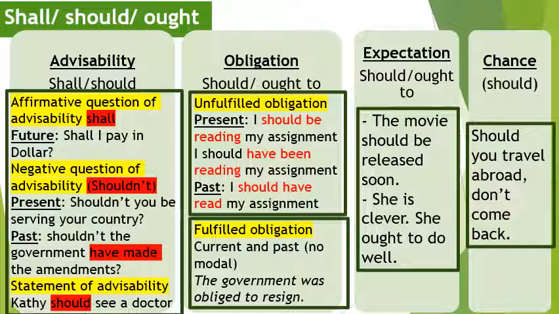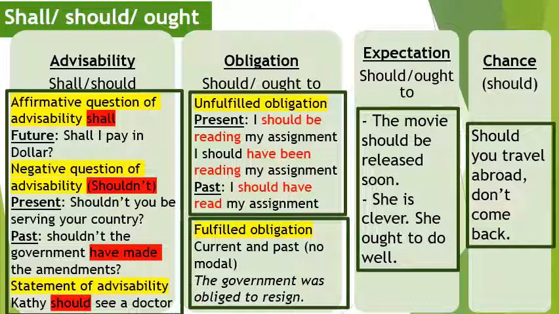The next one is chance. Chance is kind of similar to the if clause, but we are not using if here, we are using should. Just like when we say, if you travel, don't forget to get me a present. Or should you travel abroad, don't come back. Or should you, by the way, the second part of the sentence doesn't have to be in the negative form.